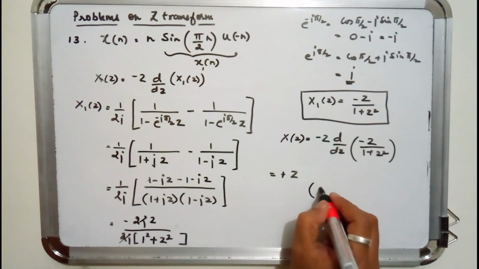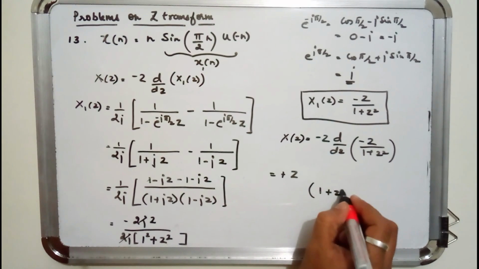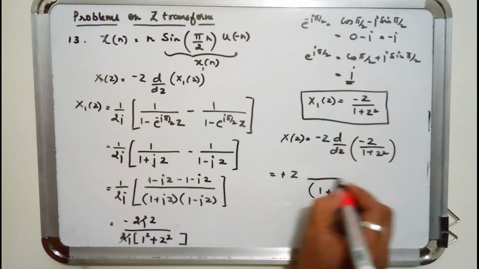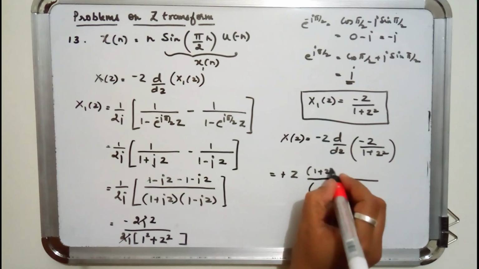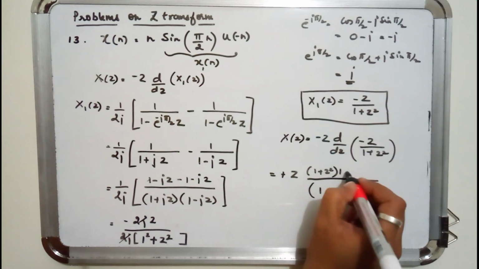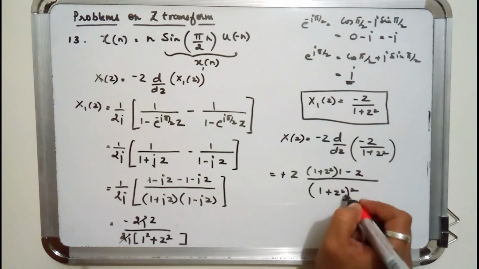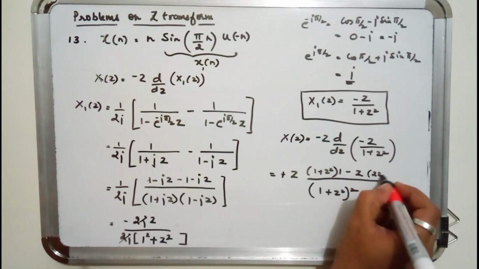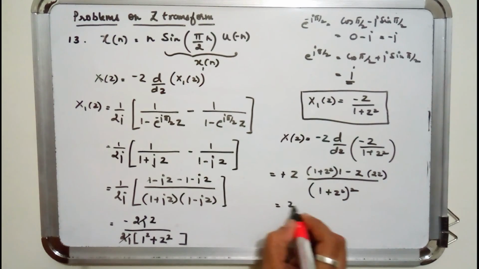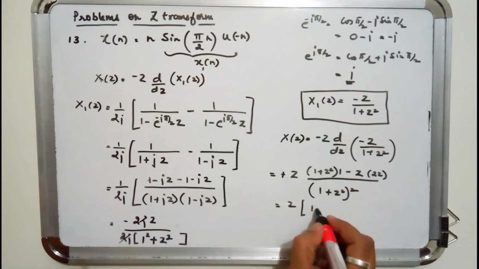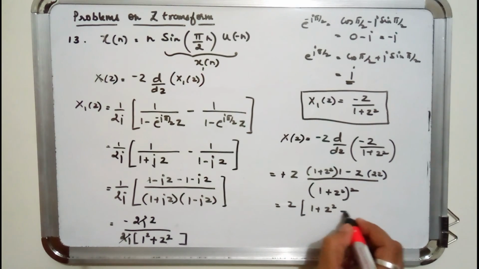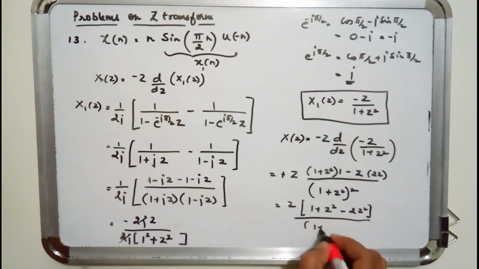This differentiation is the u by v rule. So 1 plus z square into differentiation of z, that is 1, minus z into differentiation of the denominator, that is 2z. So I will be getting z into 1 plus z square minus 2z square divided by 1 plus z square whole square.